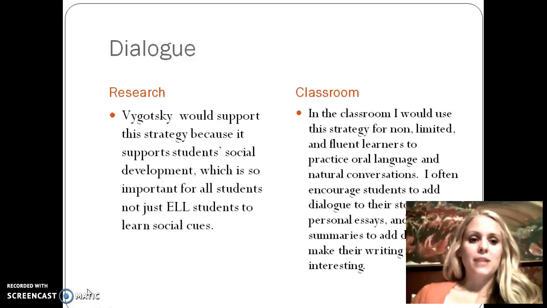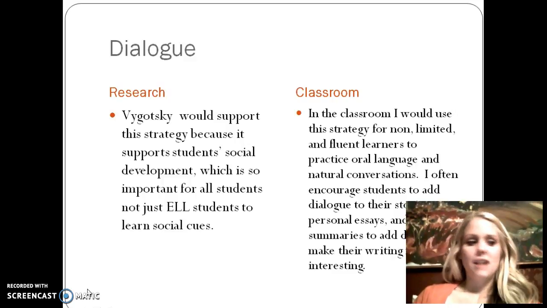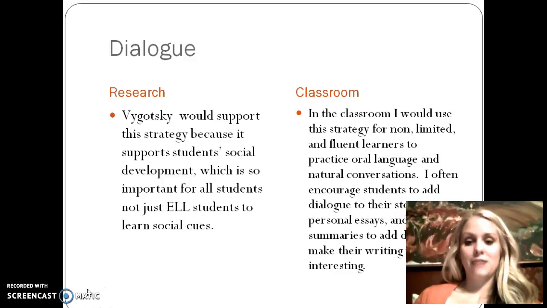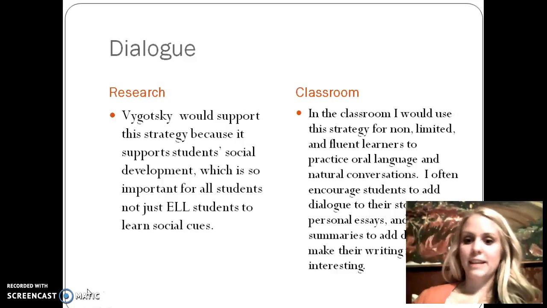Vygotsky would support this strategy because it supports students' social development, which is so important for all students, not just ELL students, to learn their social cues and what's appropriate and what's not appropriate. And again, this is a great strategy for everyone in the classroom to be able to add more detail to those stories and essays that we're always trying to get the kiddos to write.